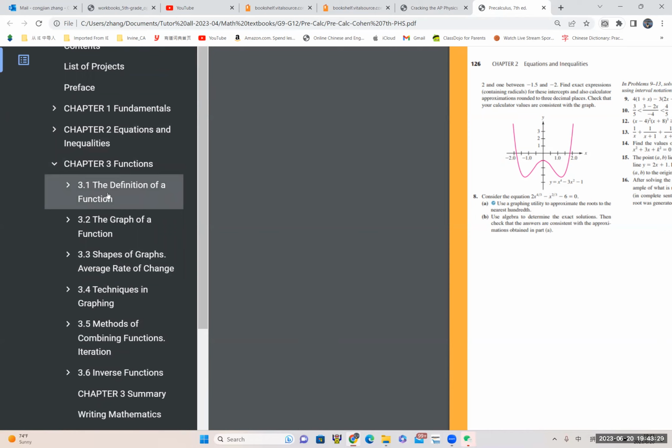Before we go into section 3.1, who can tell what's the definition of a function? A function is something that, it's kind of like an equation that, well, I don't even know how to describe it.